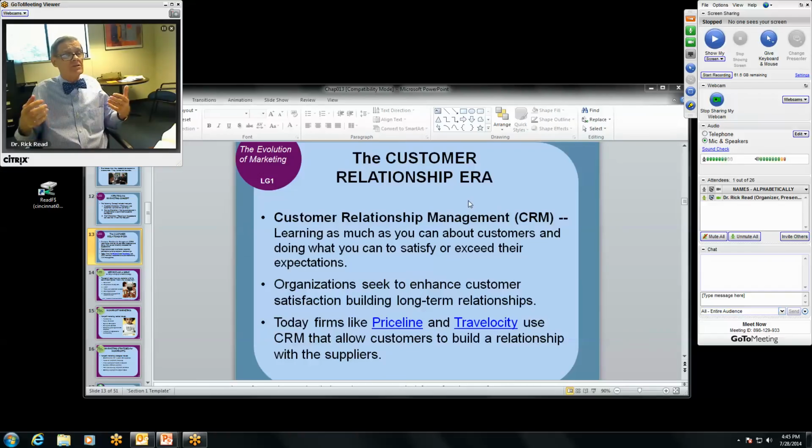So that's what this relationship marketing is about. This relationship era, trying to find a good fit between the supplier, the company, and the company's customer or customers.